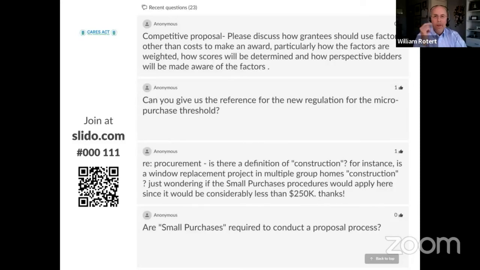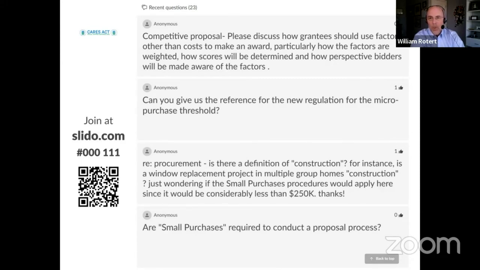What I tell grantees is anytime you're going through that kind of process, you have to have written standards in place, and you have to follow those standards and keep records that you did so. So maybe you would have, let's say, 5 factors that you take into account on a given competitive proposal. Those factors should be publicized.